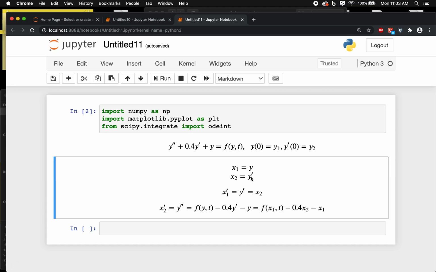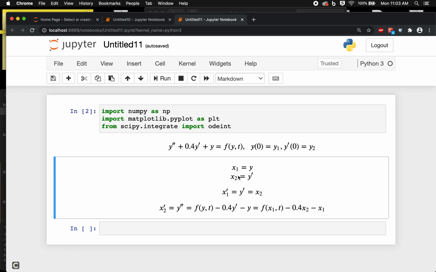And now we're just going to take the derivative of these two dummy variables. If we take the derivative of x1 with respect to t, x1 is equal to y, so its derivative is simply y prime, but we know y prime is equal to x2. So we get x1 prime is equal to x2, and that's going to be our first differential equation.